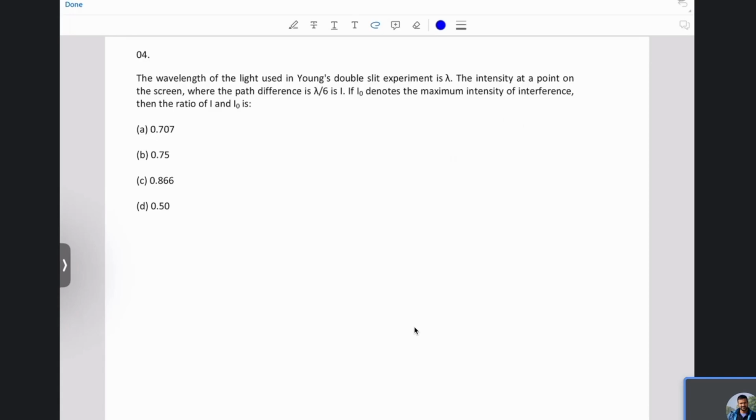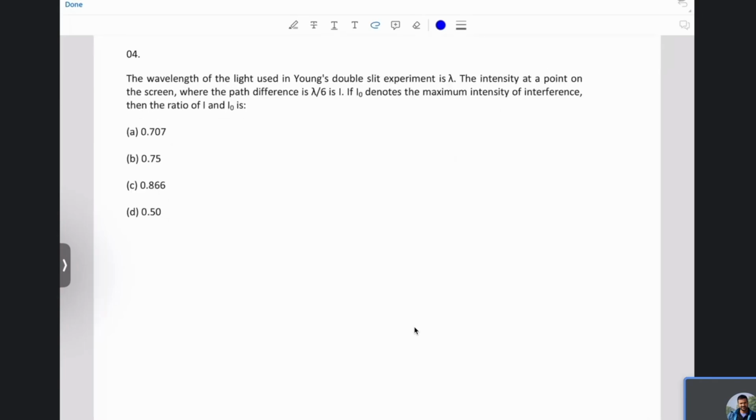So first of all, if the path difference is lambda, then phase difference is 2 pi, right?